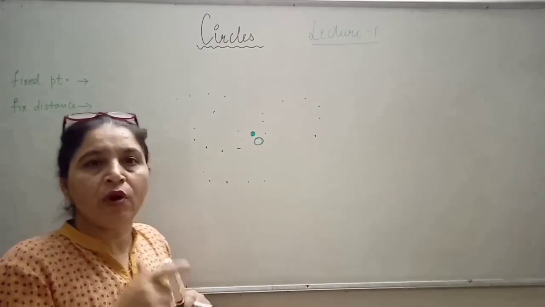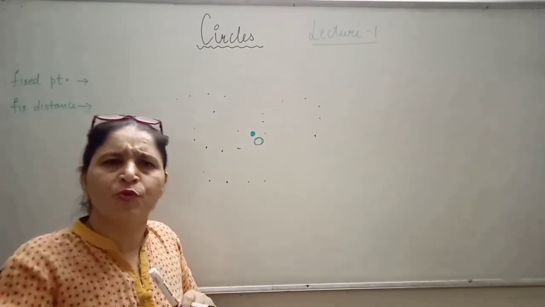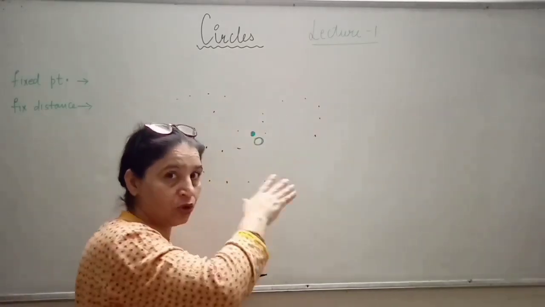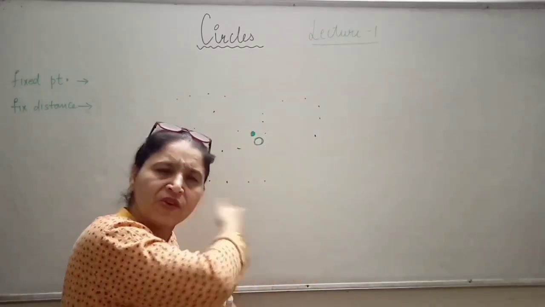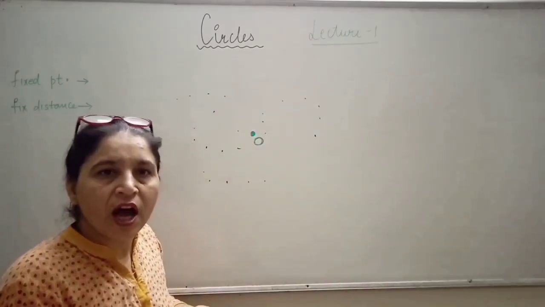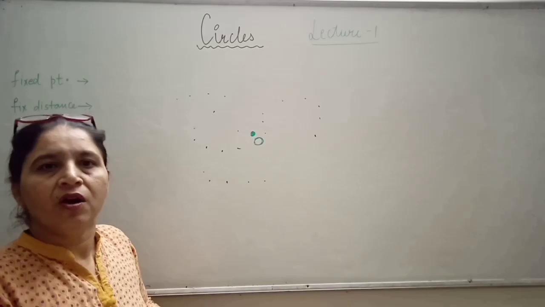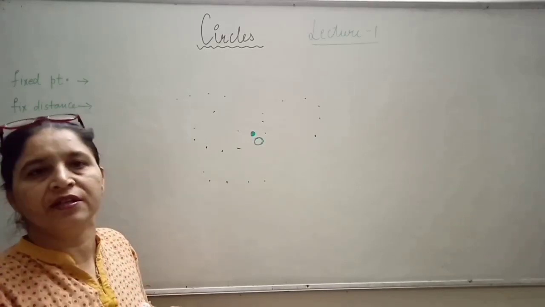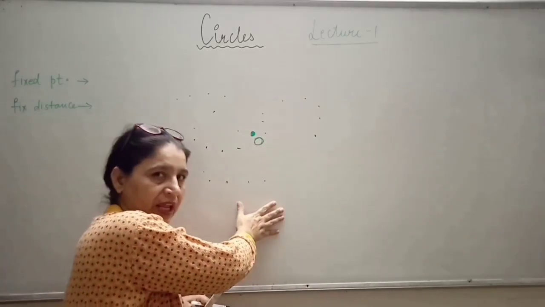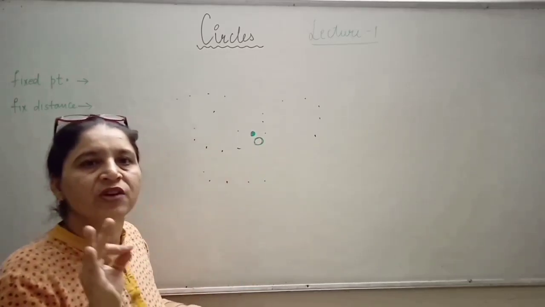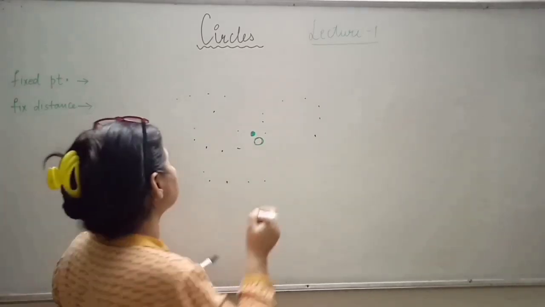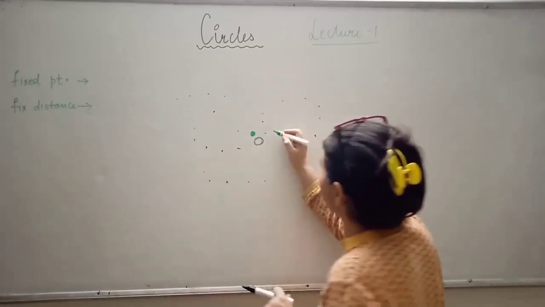So now I am going to collect all those points of this plane. As I told you, this plane is made up of infinite points. Now I am going to collect only those points of this plane which are at a fixed distance, and the fixed distance I have taken is 15 centimeter.